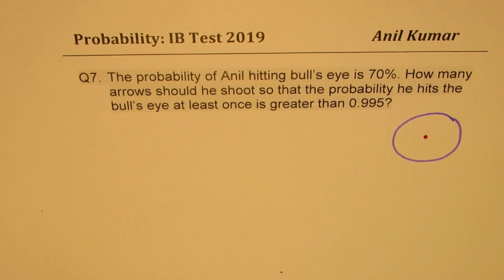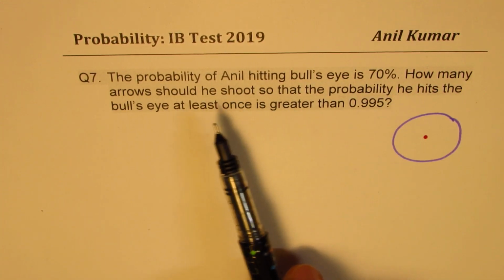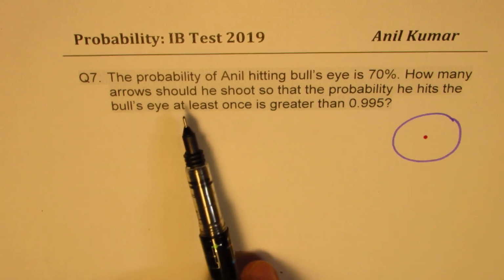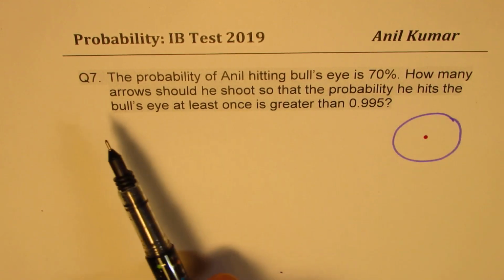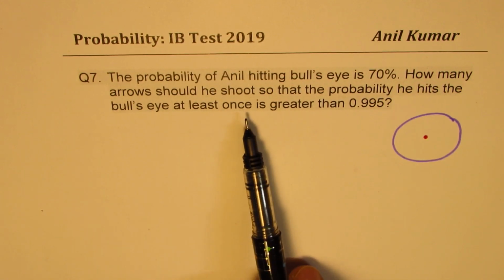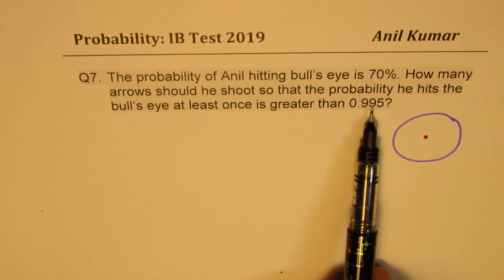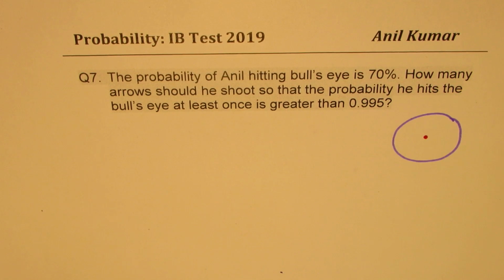Now the probability of hitting this is 70% for Anil. Now when we say how many arrows should he shoot so that the probability he hits the bullseye at least once is greater than 0.995, greater than 99.5%.